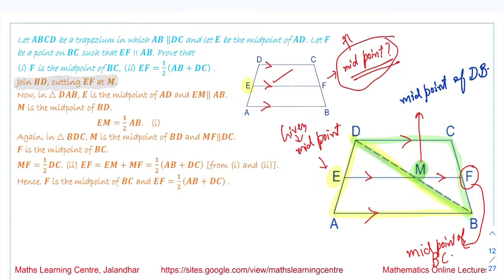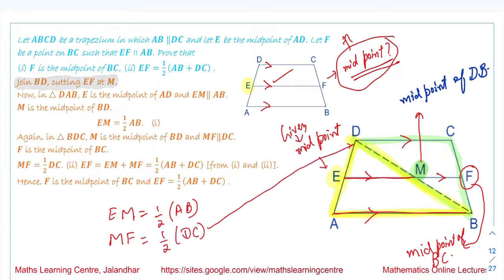Next thing we have to prove is that EF is equal to 1 by 2 times (AB plus DC). Again, if we look at the triangle DAB, by the midpoint theorem we have EM equal to 1 by 2 times AB, and MF is equal to 1 by 2 times DC.